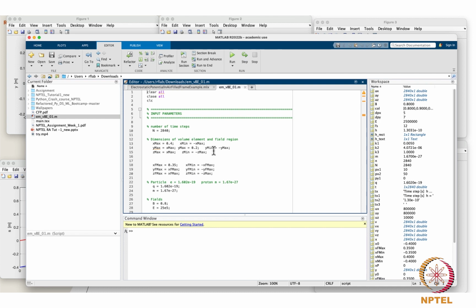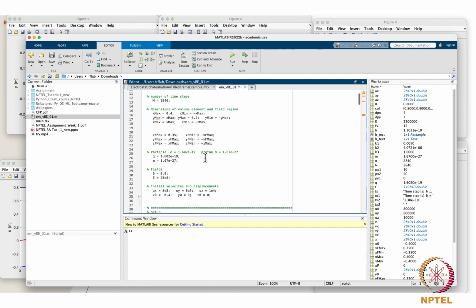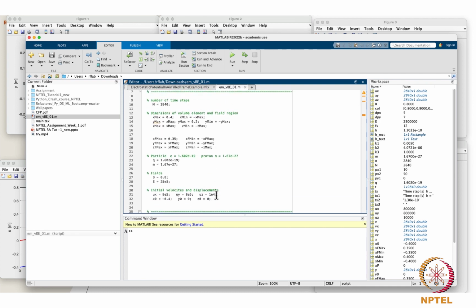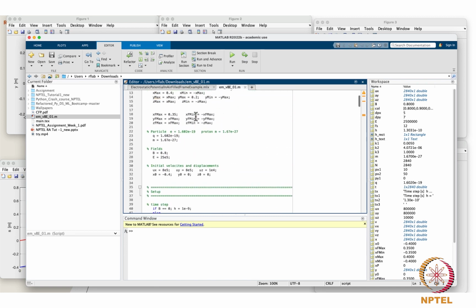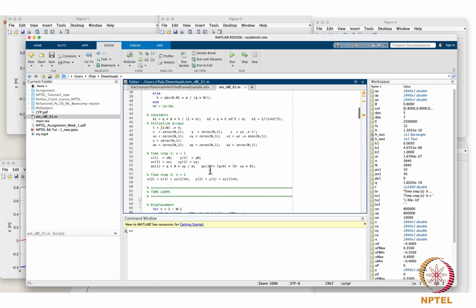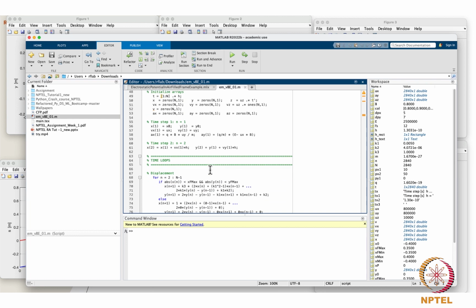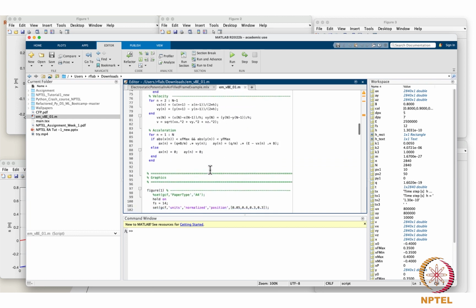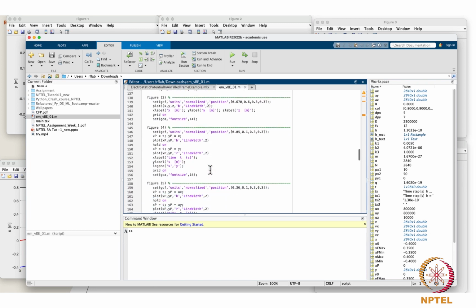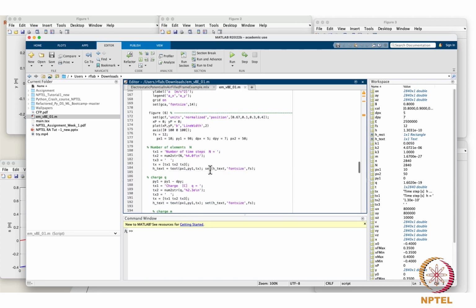In this you can see we have defined the number of time steps, how many time steps you have to evaluate, the elements of the field and the proton, and everything is defined here. The rest are the equations turned into program format to evaluate at each and every time step what is happening, and we are plotting that.